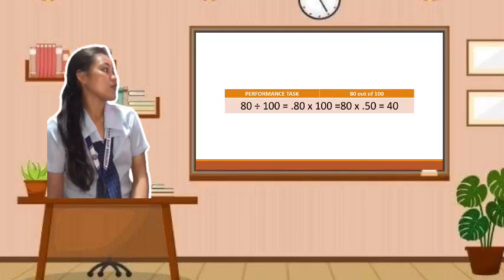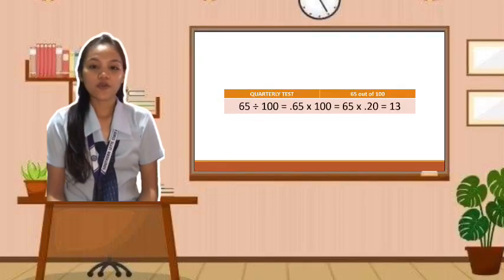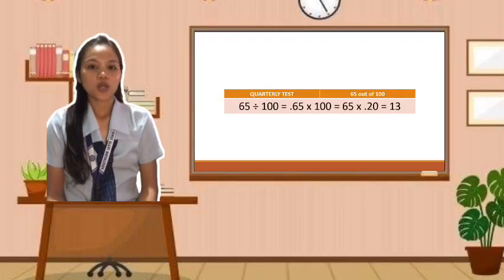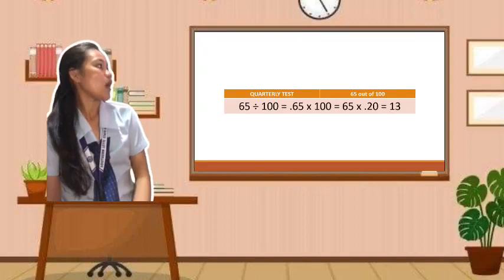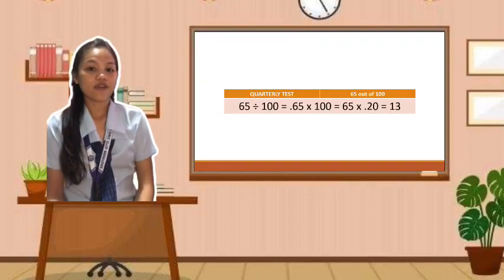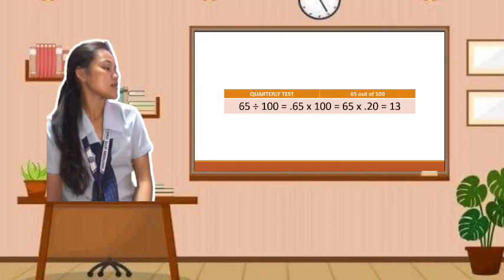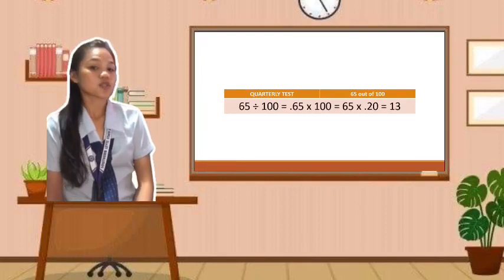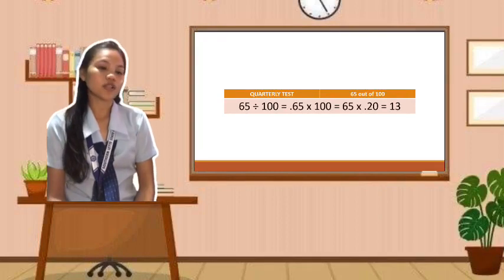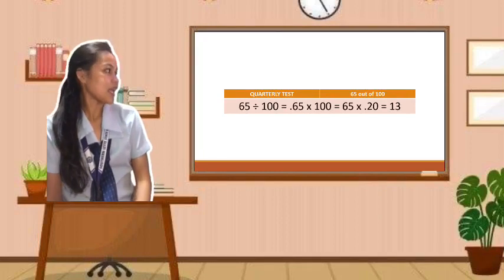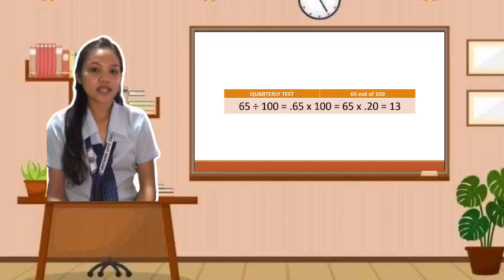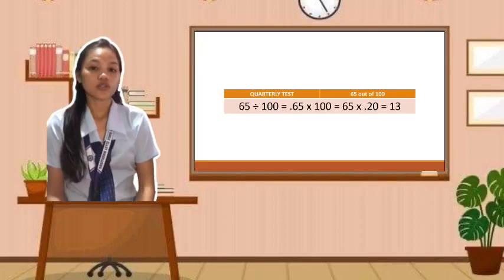0.50%, which is equivalent to 40. For the quarterly test, we are going to compute 65 divided by 100 is equivalent to 0.65 times 100 is equivalent to 65 times 0.20%, which is equivalent to 13.